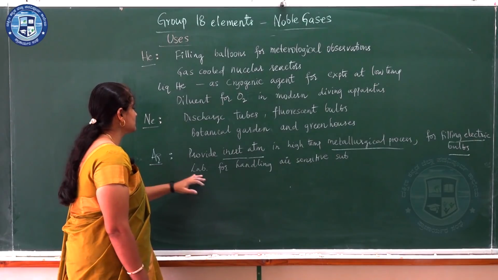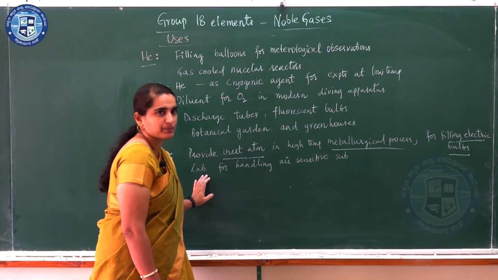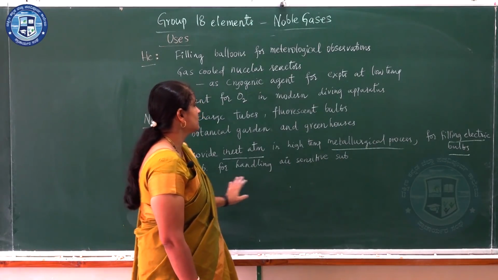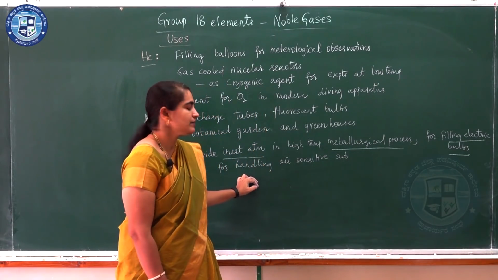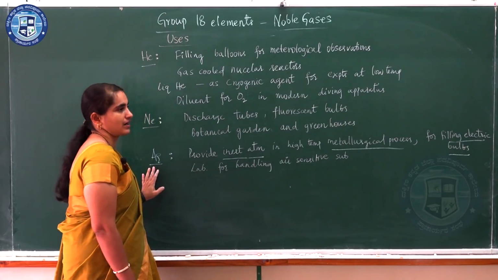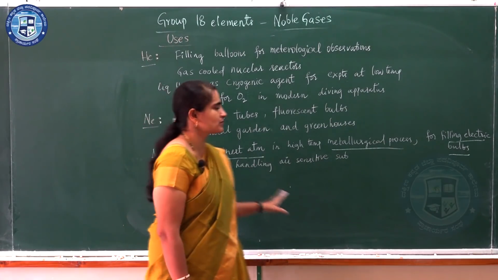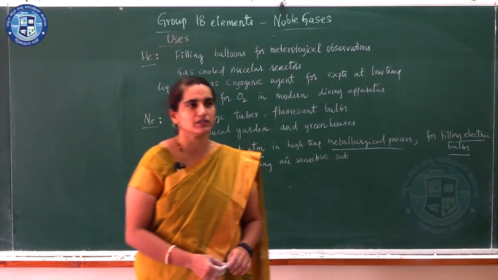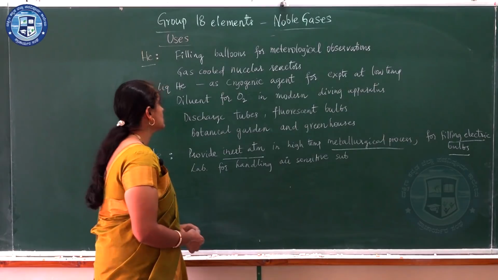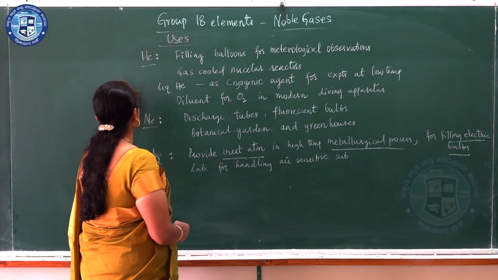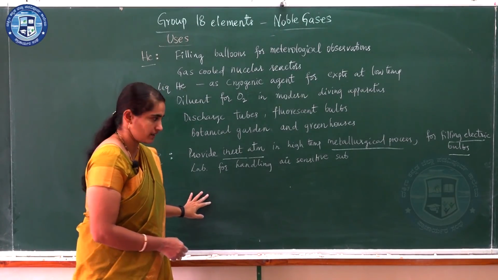Even argon is used for some laboratory purposes also, wherein when we have to handle air sensitive substances, we usually make use of argon. There are no specific uses for krypton and xenon given to you students, so I don't mention anything regarding those. So these are some major uses of helium, neon and argon.